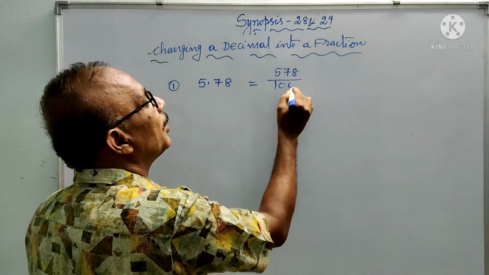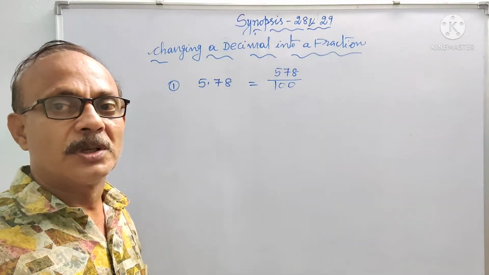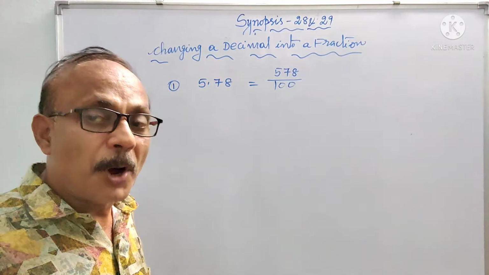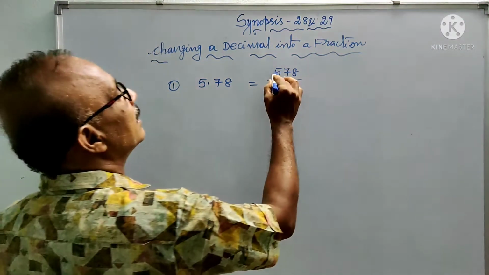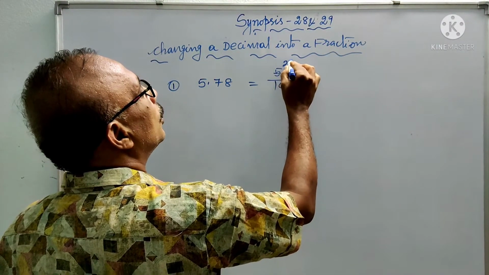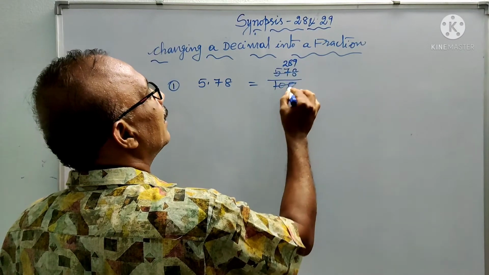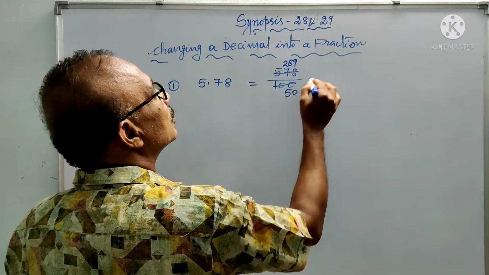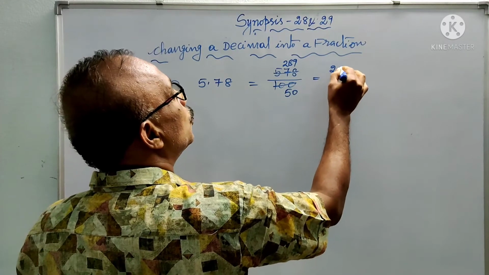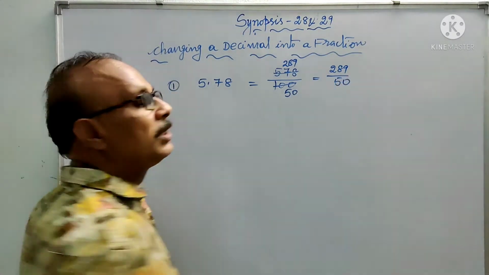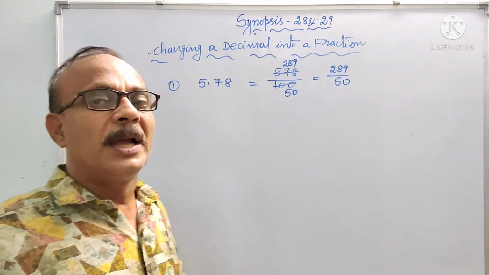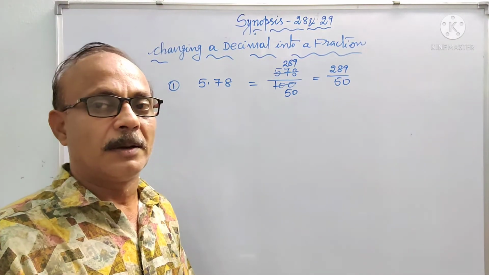So after 1, you have to keep 2 zeros. And if there is any possibility for cancellation, you can put it in lowest terms. That is, the 2 table goes in both 289 times and in this 50 times. So the final answer is 289 by 50. So this is how we convert a decimal into a fraction.